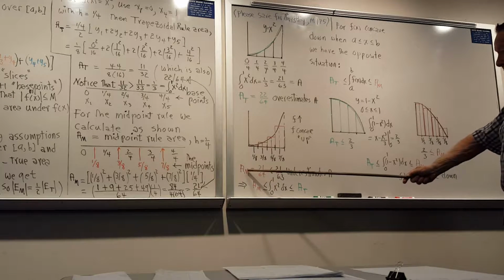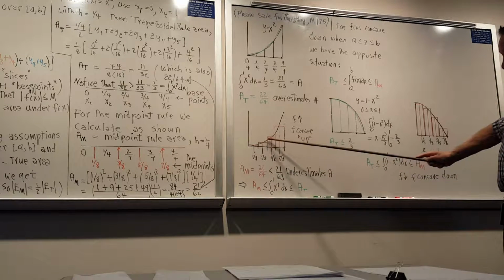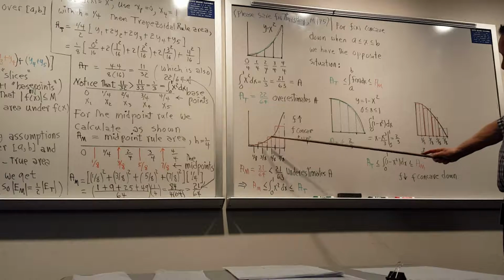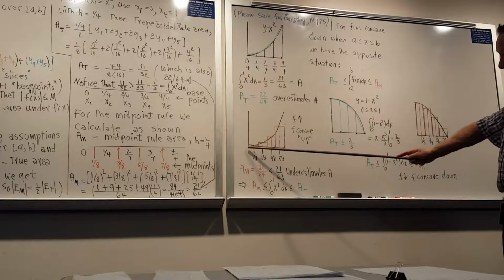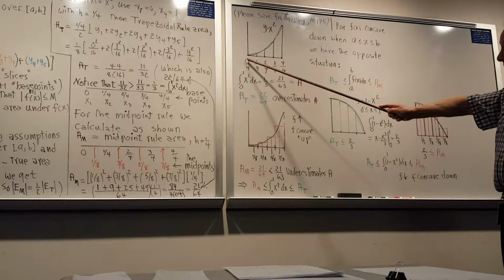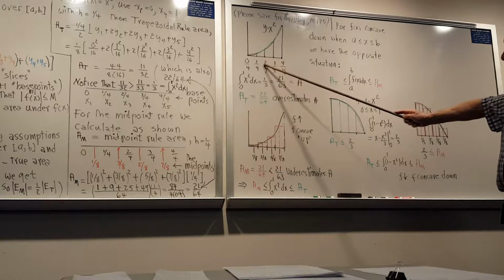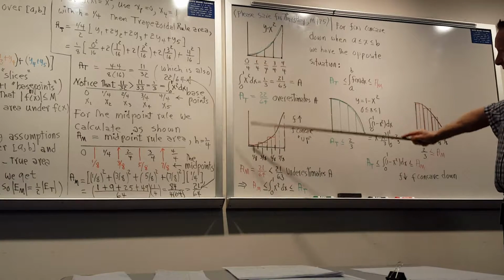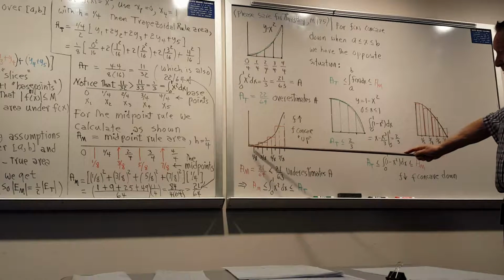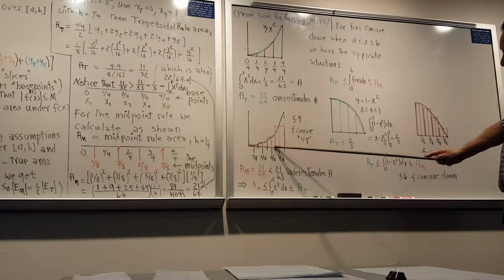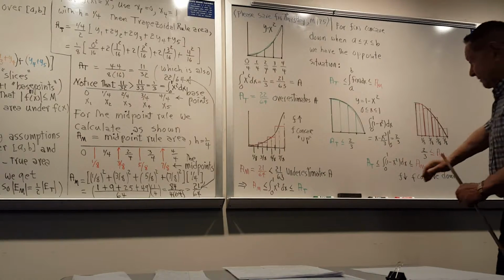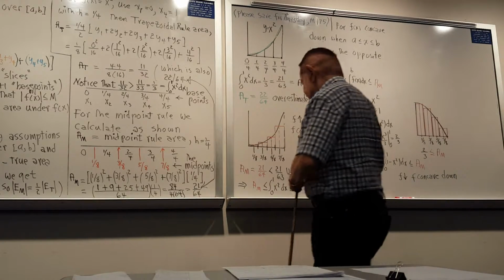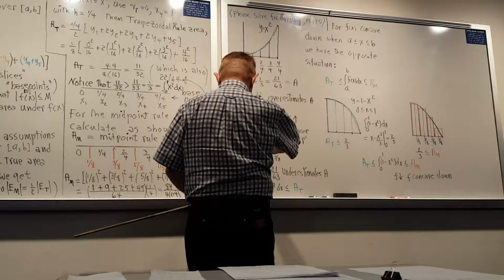The midpoint rule would be like this picture. You have the same base points, 0, 1/4, 1/2, 3/4, and 1. Then using those, you get the marks that are in black here, and those may be a little heavier.